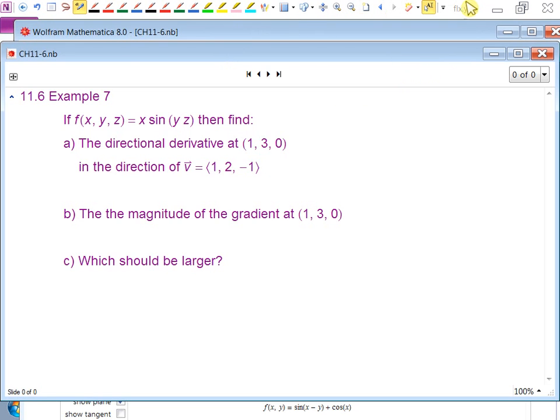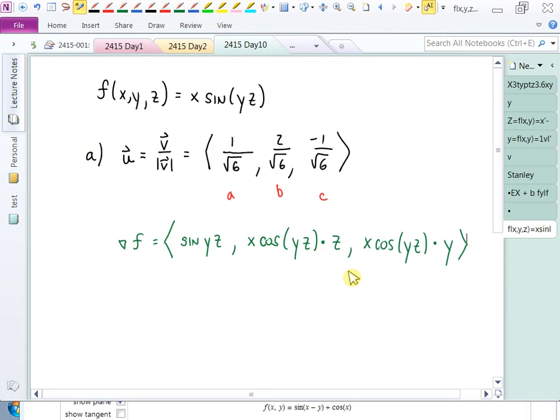There it is. All right, so what the heck do I do now? What was the point that we're looking at? We're at the point 1, 3, 0. So let's start figuring out what our gradient is at the point 1, 3, 0.